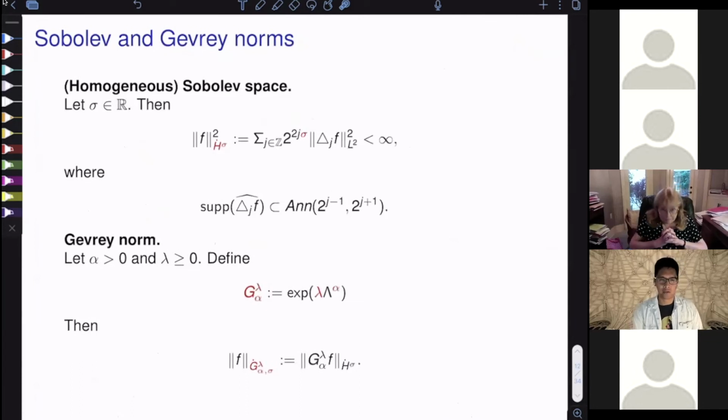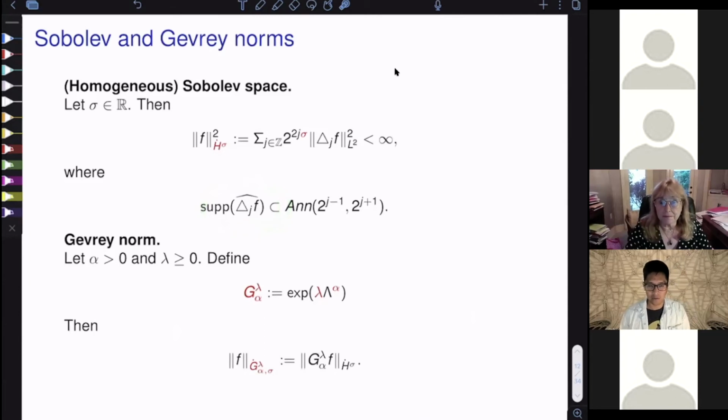Here are the Sobolev and Gevrey norms that I'm going to be using when I describe the results and talk about the proof. Here is the Littlewood-Paley characterization of the Sobolev norms and the homogeneous Sobolev norms. These Delta_j f are the Littlewood-Paley blocks.